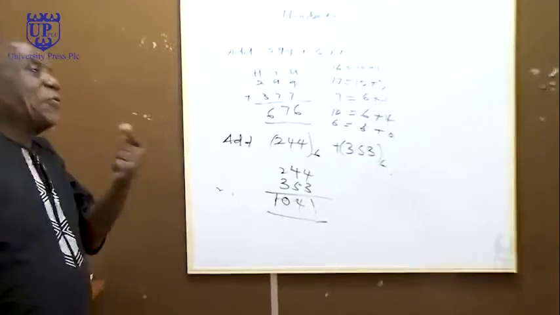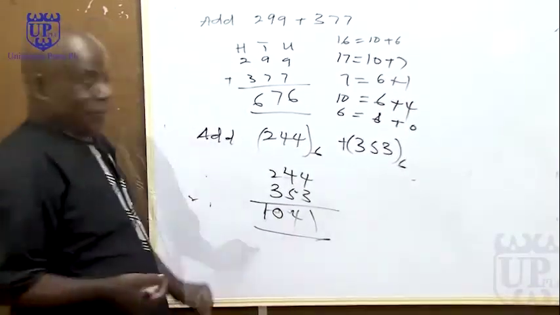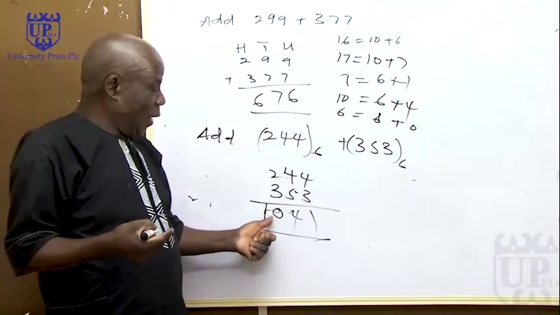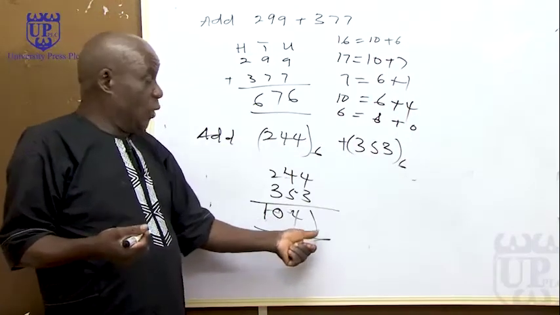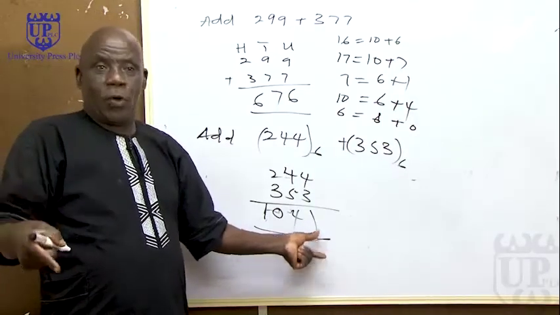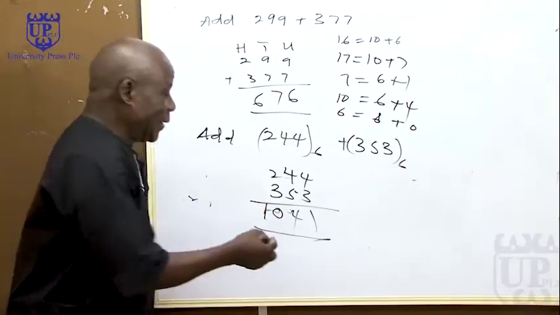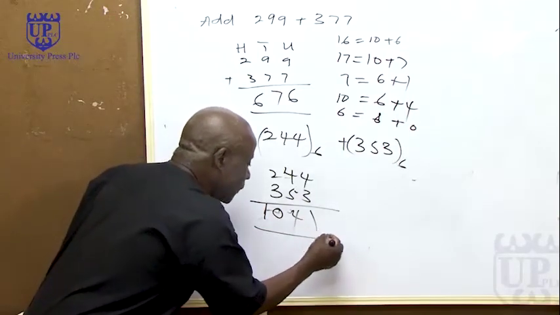I want to do the reverse process, so that you know that we are not performing magic. Students, you see I write 1041. If you leave your answer like this, we will give you 0, because we think you are telling us this is 1041 in base 10.